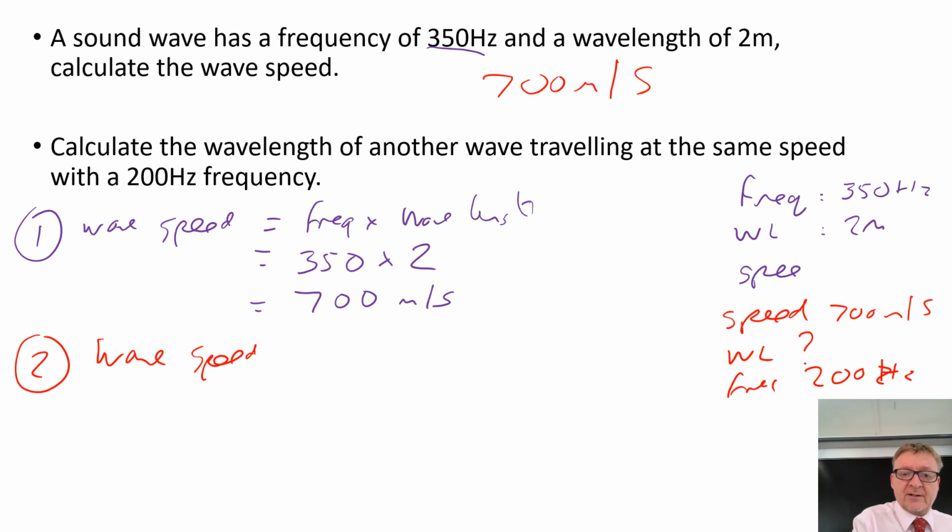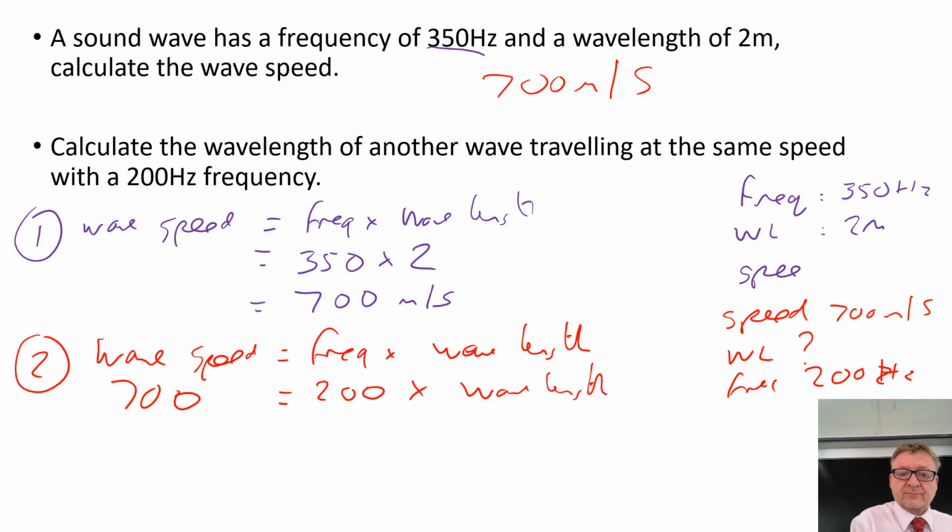Wave speed equals frequency times wavelength. So wave speed, I've got that, 700. Frequency is 200 times by wavelength. So because it's times on that side, it becomes divide on the other. So 700 divided by 200 equals 3.5 meters.